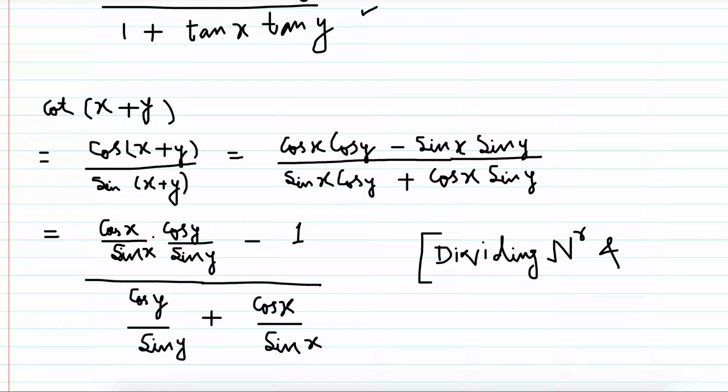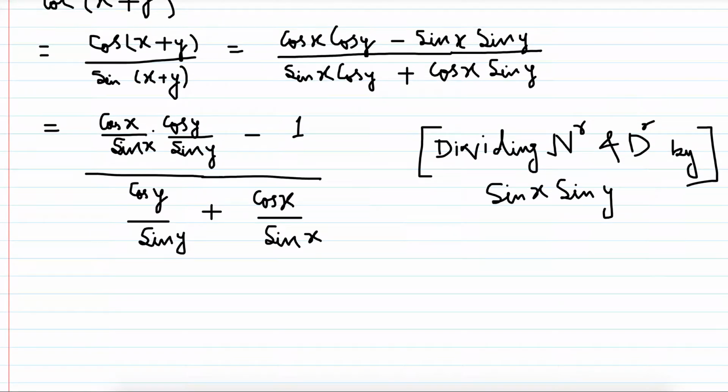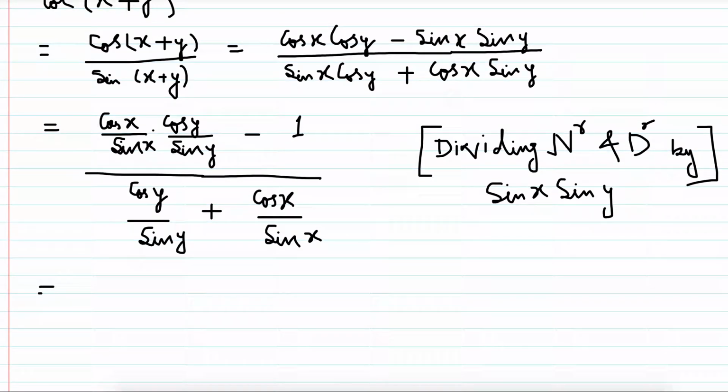So we are dividing numerator and denominator by sin x sin y. So cos x divided by sin x is cot x, and cos y divided by sin y is cot y.